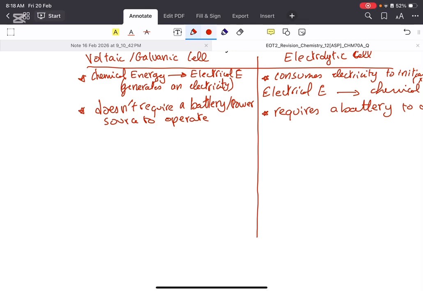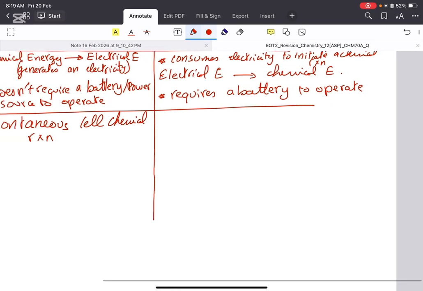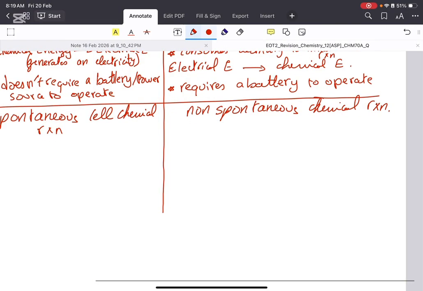Okay, now the next difference: a galvanic cell is a spontaneous cell. The reaction that takes place there is a spontaneous chemical reaction, whereas the electrolytic cell involves a non-spontaneous chemical reaction.